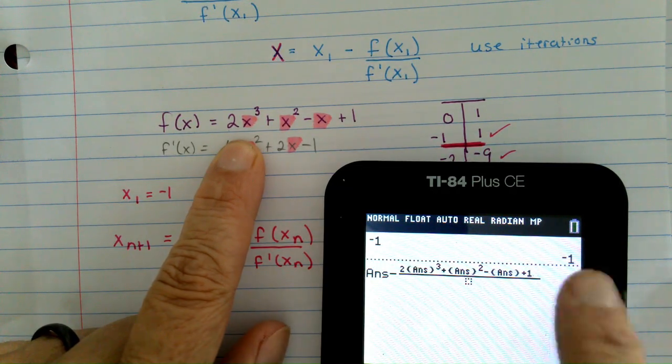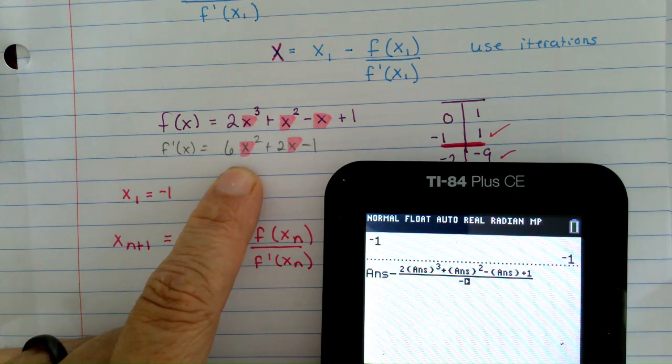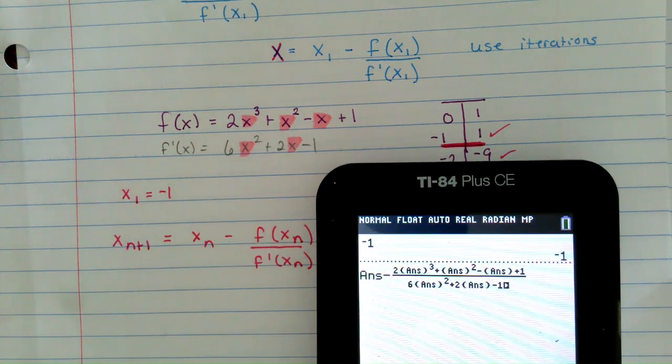So it's going to substitute negative 1 everywhere it sees answer. Divided by 6 answer squared plus 2 answer minus 1. Negative 4/3 is x sub 2.